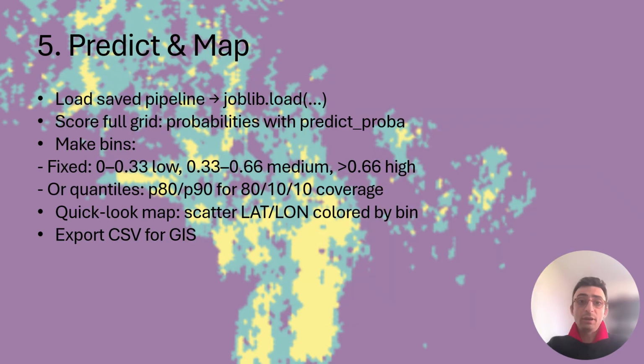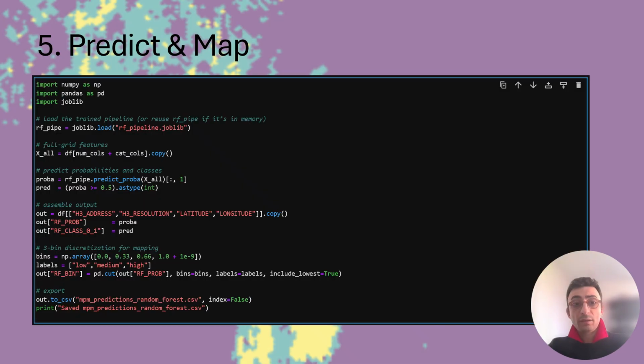In the next stage, I reload the trained pipeline, score every H3 cell, and convert probability into low, medium, and high for the map. So in this code block, I load the fitted pipeline. I bring the trained model back from disk. It includes preprocessing and the RandomForest. I select the same feature columns used in training for all cells.